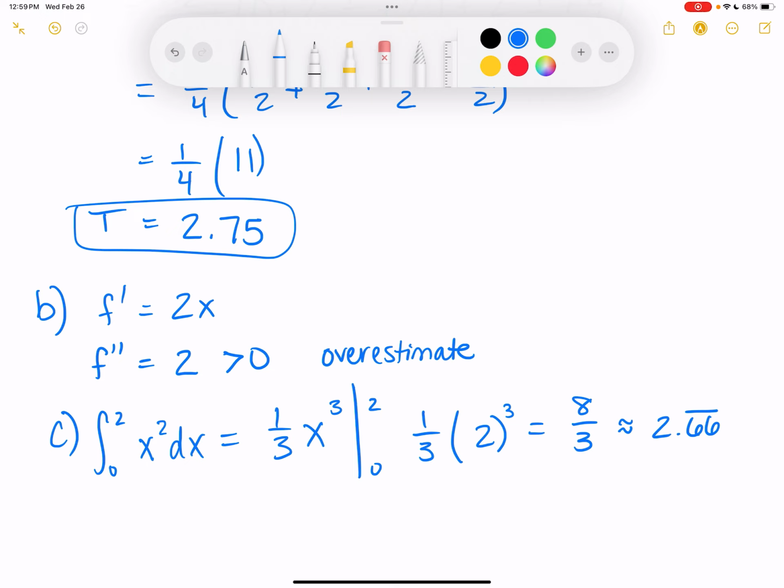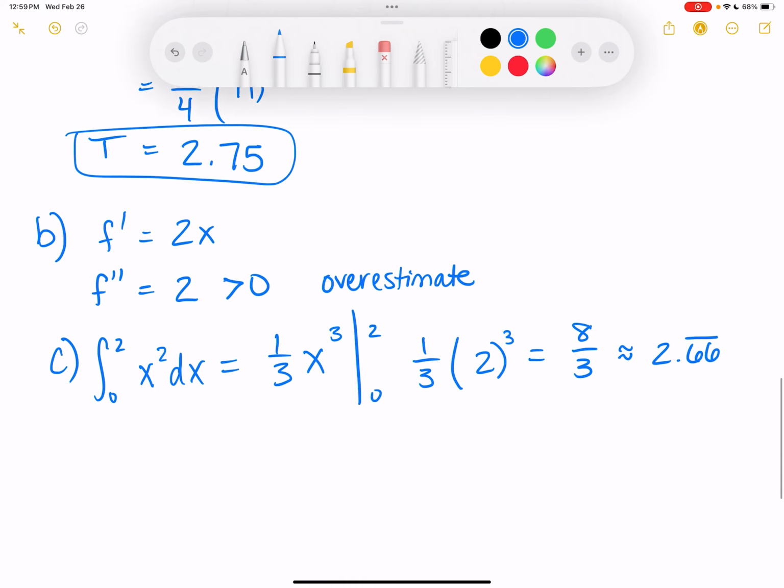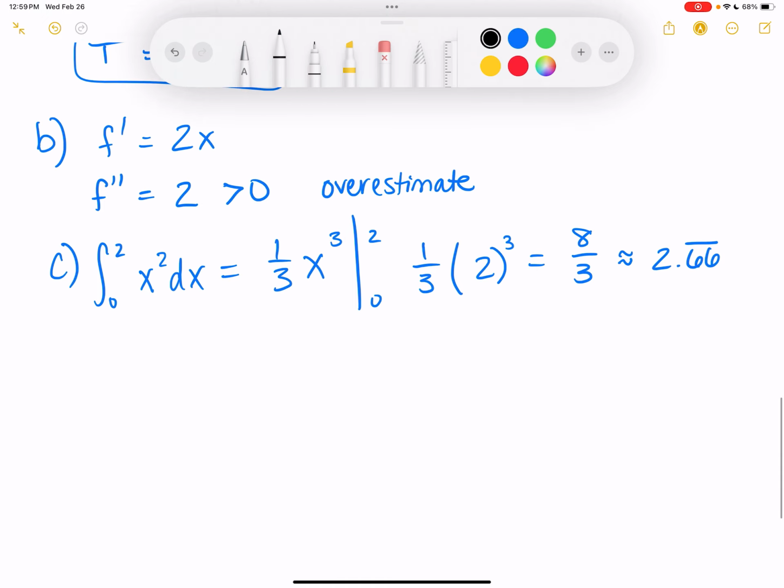All right, next one. Use the function values in the following table in the trapezoidal rule with n equals 6 to approximate the integral from 2 to 8 of f of x dx. So they give us n equals 6 in the integral from 2 to 8 of f of x dx.